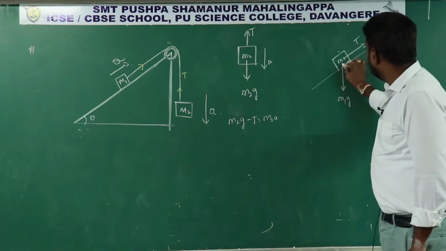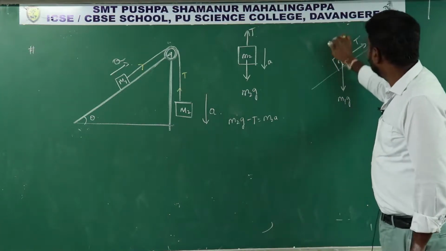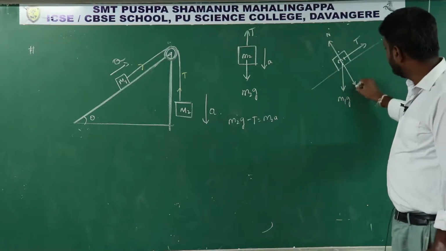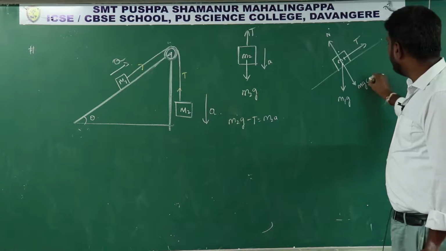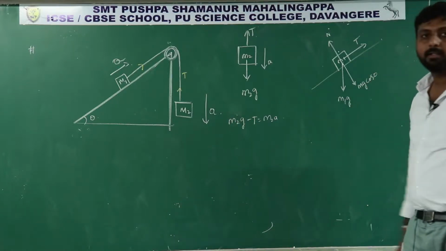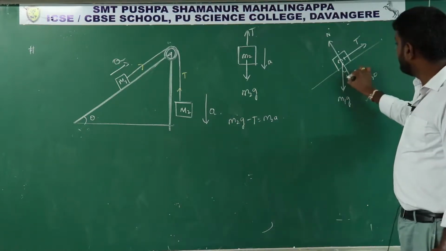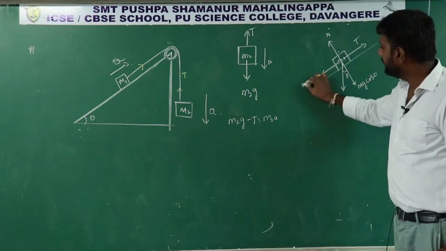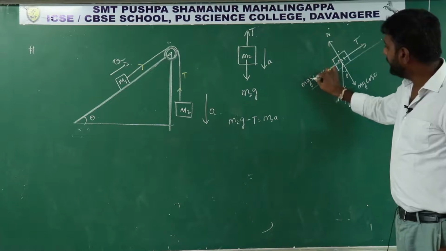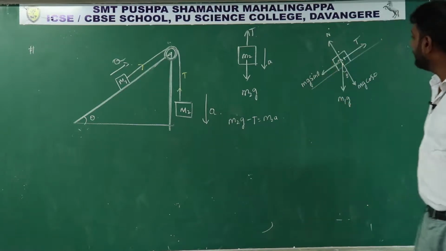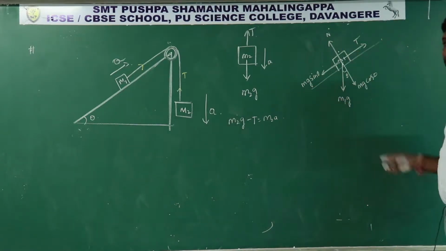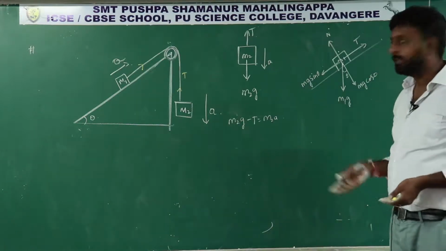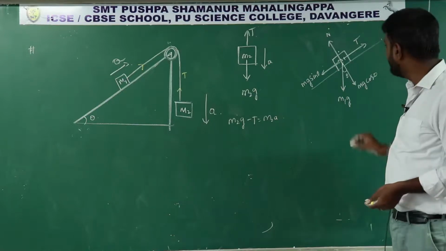And in this direction the normal force is acting, and in this direction mg cos theta, that means one of the components of the weight, is acting. Why? Because this angle is theta. And in the opposite direction, which component will act? The mg sin theta component will act. Just now I explained, N and mg cos theta are equal in magnitude and opposite in direction, both are balancing. Hence the block is not moving upward or downward.